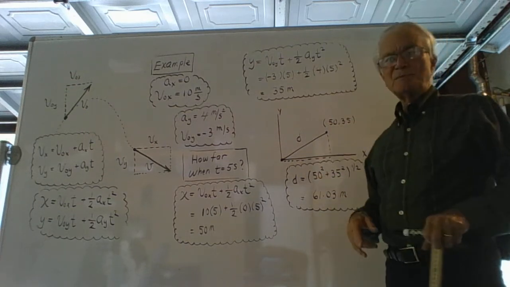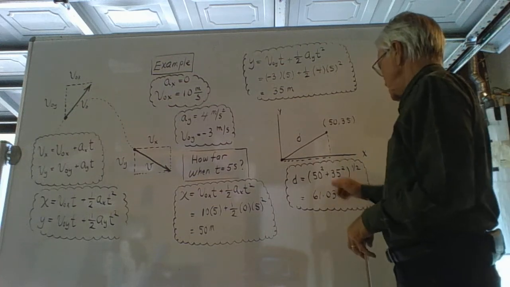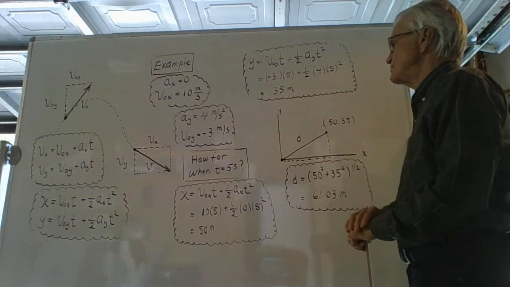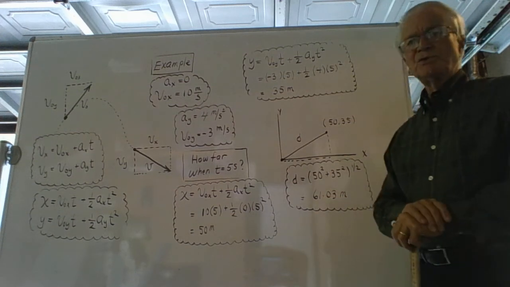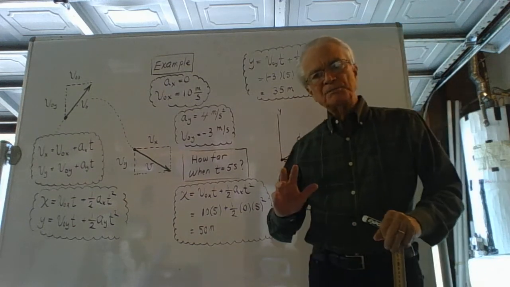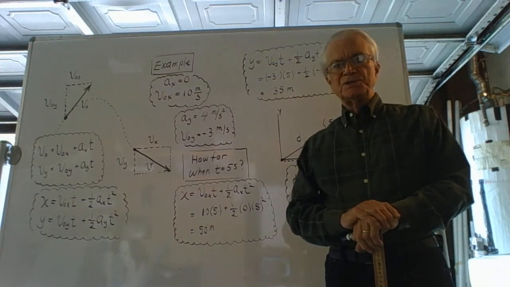And we use the theorem of Pythagoras, the square root of the sum of the squares equation. Final result is that our particle, after 5 seconds have gone by, will have moved a distance of 61.03 meters.